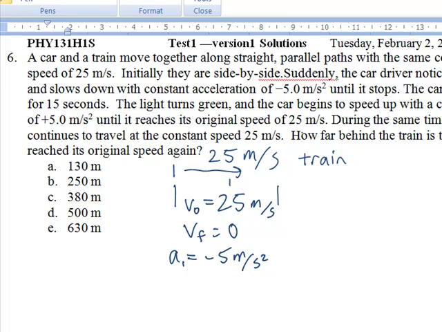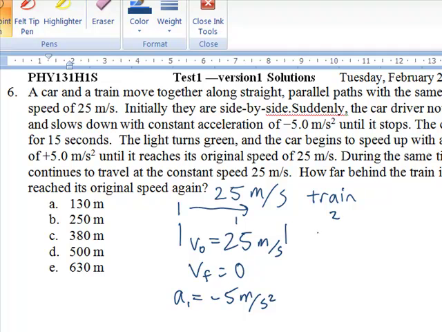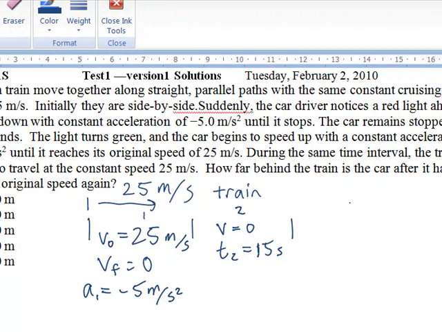Then the car remains stopped for 15 seconds. So let's call this segment 2, v equals 0. This t2 is equal to 15 seconds. Then the light turns green. The car immediately begins speeding up, so we'll call this segment 3.